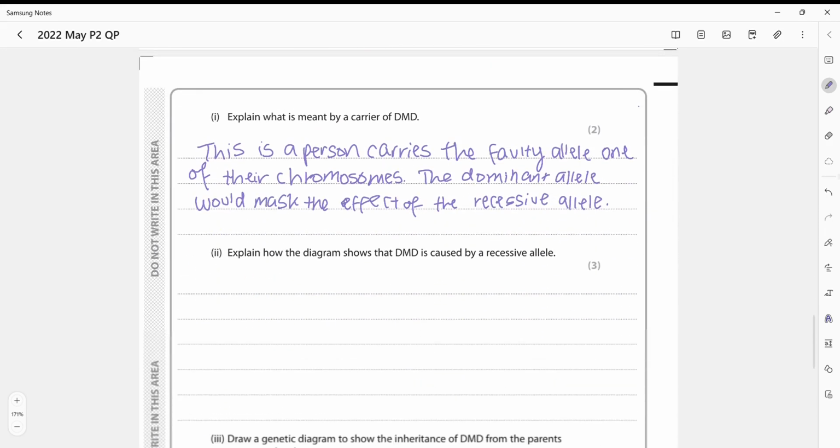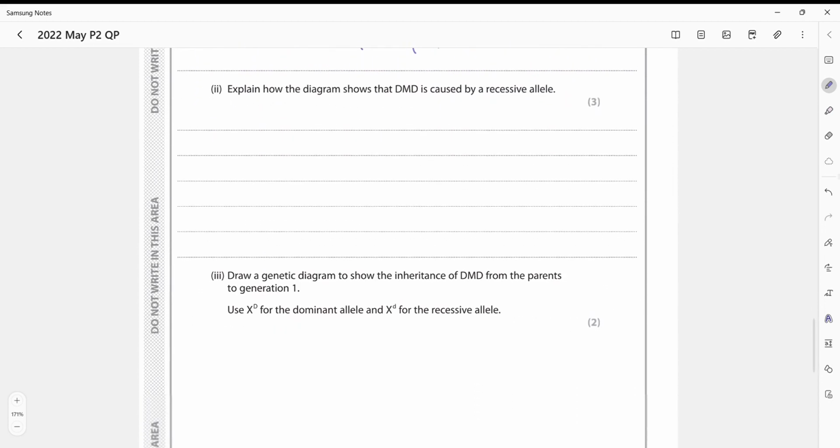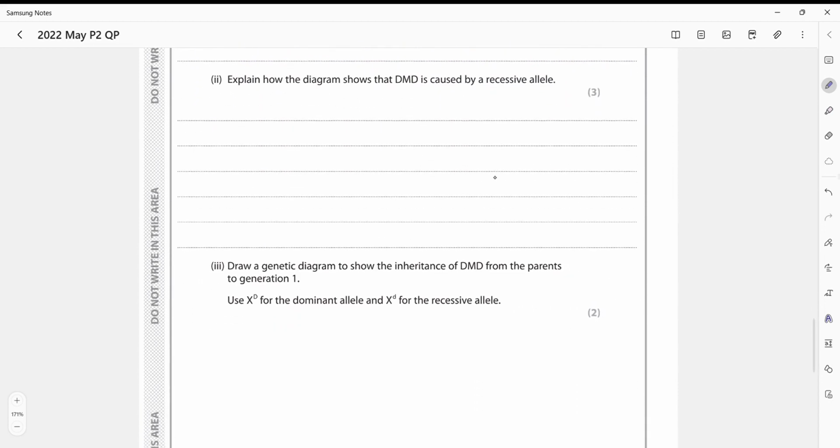So if we scroll back down, we could say the mother, females have the XX chromosome.